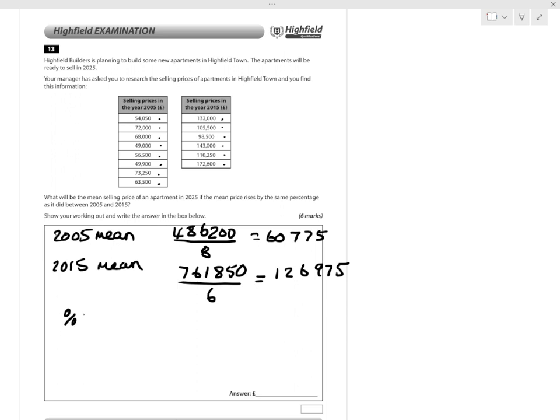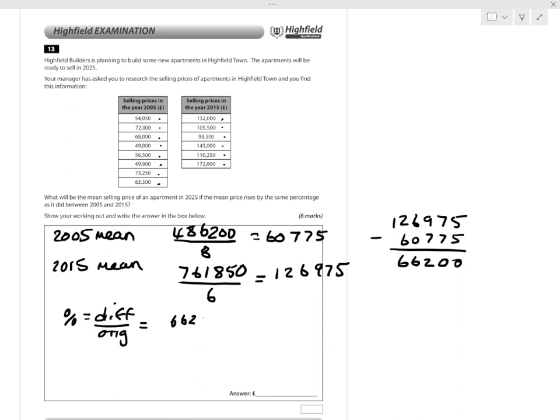So the percentage increase is the difference over the original, which is the difference between these two numbers. So 126,975 minus 60,775, which is 66,200, divided by the original, 60,775, times 100 to get a percentage.